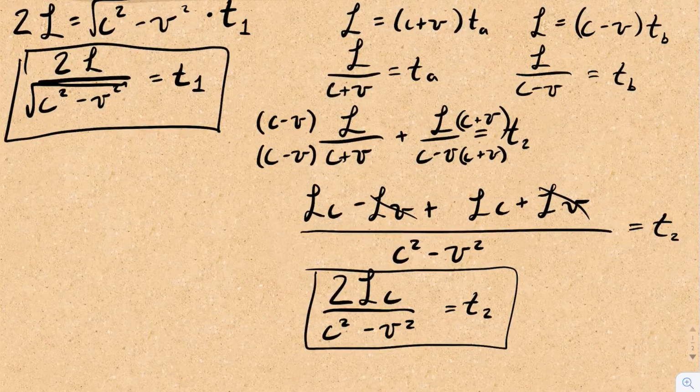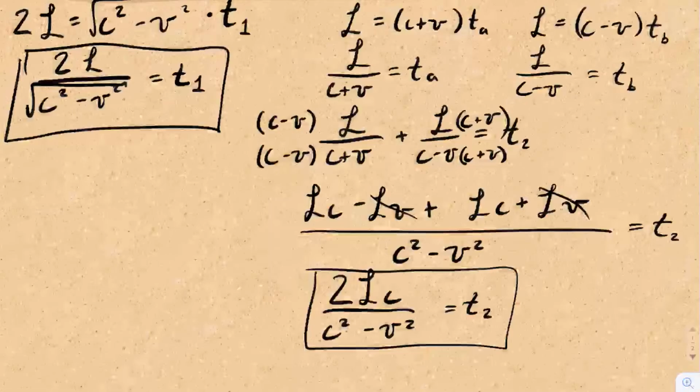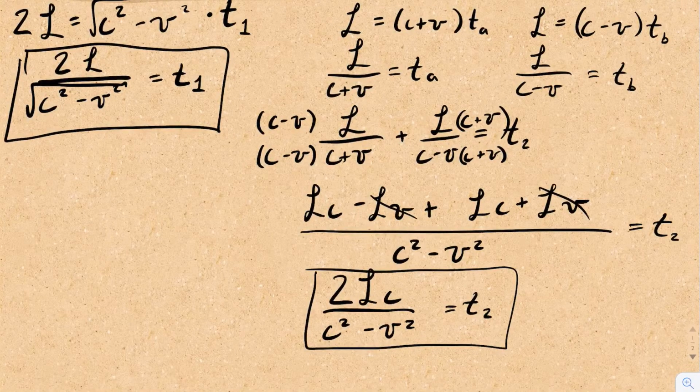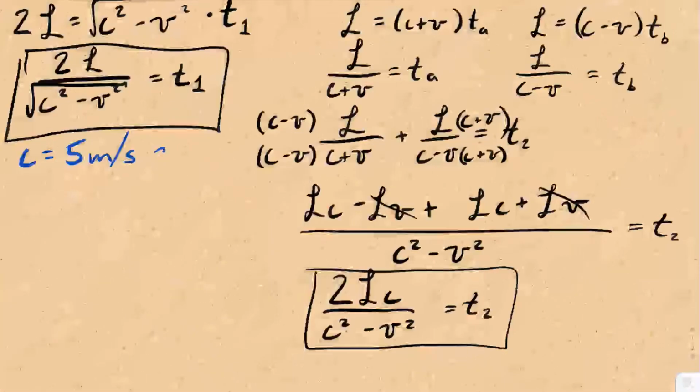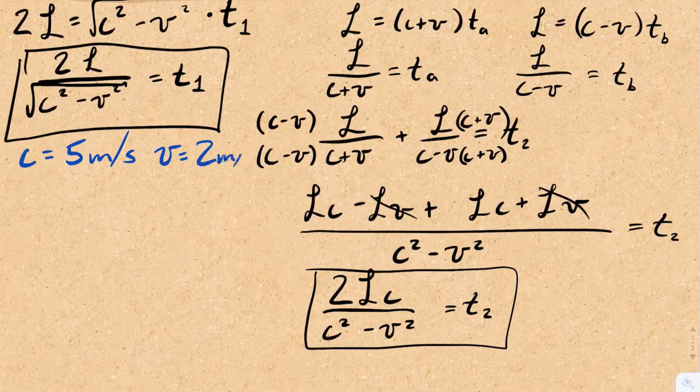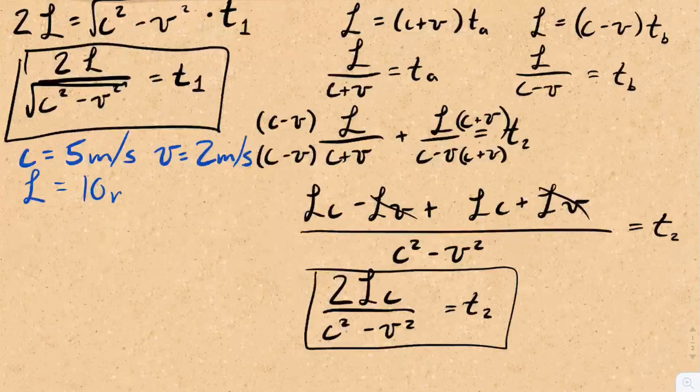Well, it's a little confusing to tell which is actually going to be faster until we plug in numbers. So let's plug in some numbers and see what happens. Let's say in this example that c equals 5 meters per second and v equals 2 meters per second. And we'll say that the total length that they're traveling is 10 meters.